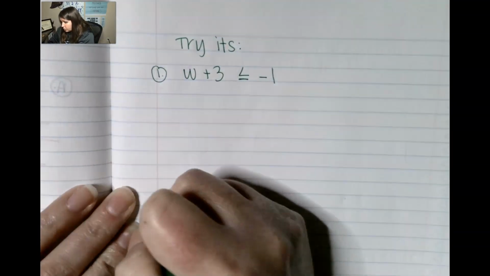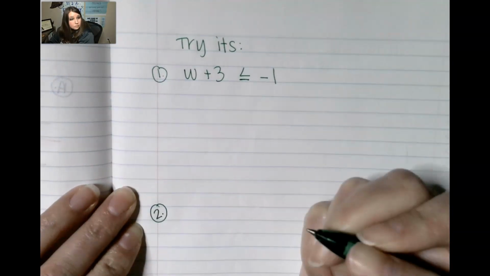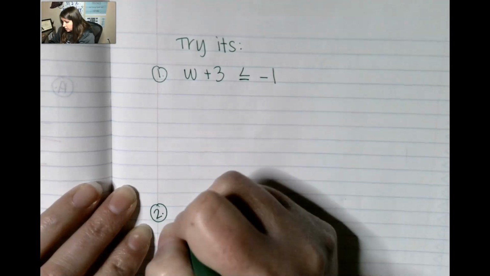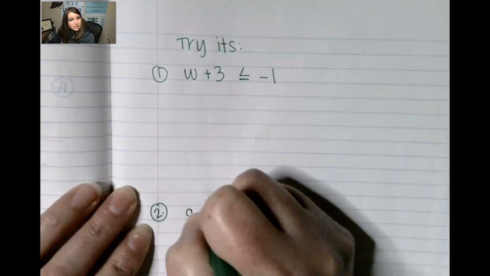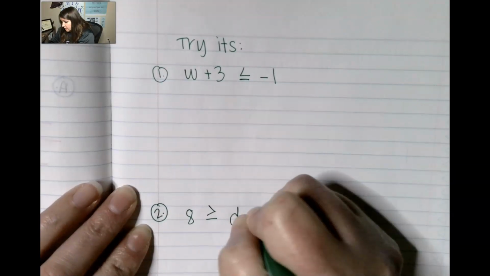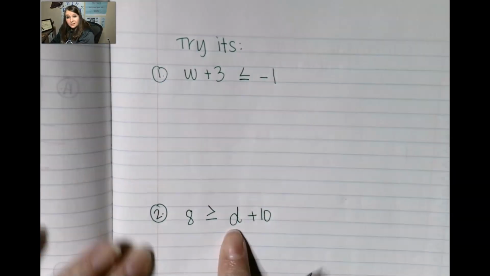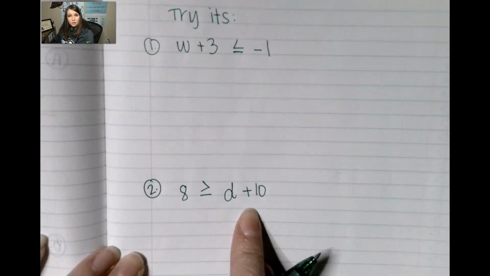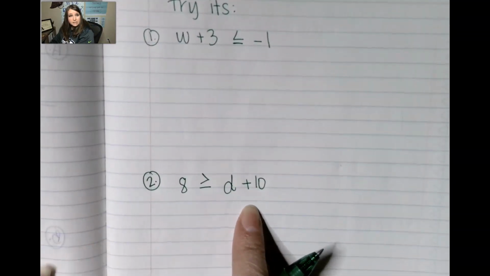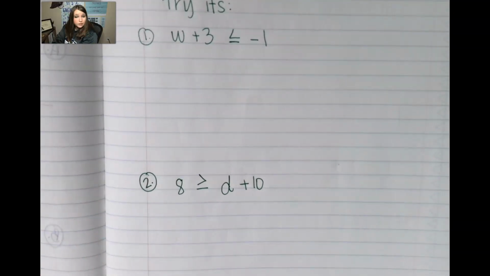And then try-it number 2 says 8 is greater than or equal to D plus 10. Again, this one has the letter on the right, so we're going to have to flip this one around to make Big Ideas happy. So don't forget to do that.